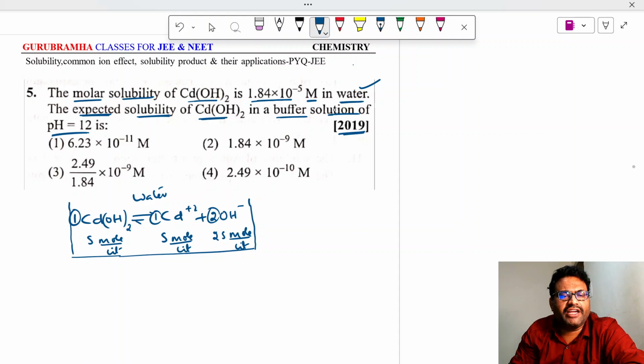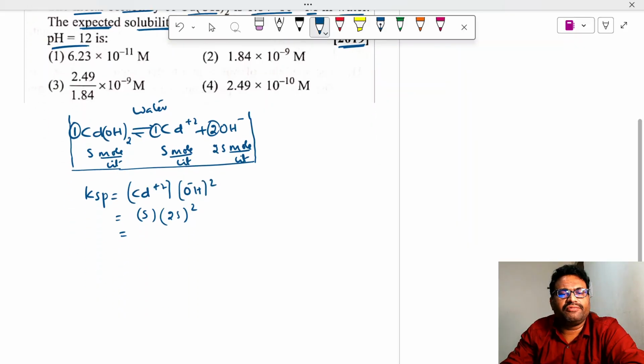Ksp is equal to Cd plus 2 concentration into OH minus ion concentration power 2, that is S into 2S whole power 2, that is S into 4S square, 4S cube. So we got Ksp as 4S cube.